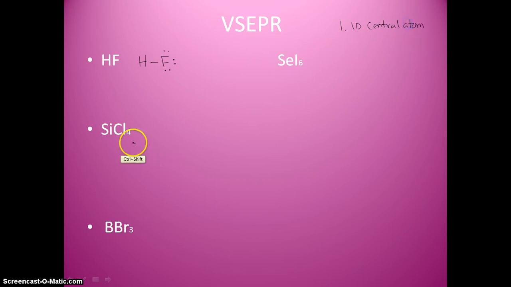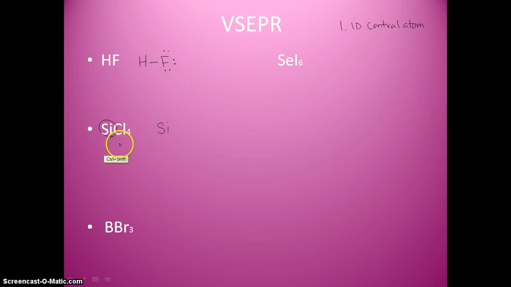It's pretty easy to see which one is your central atom because there's only one. Silicon we know is going to be our central atom, so we're going to write Si in the middle. And then we have 4 chlorines.